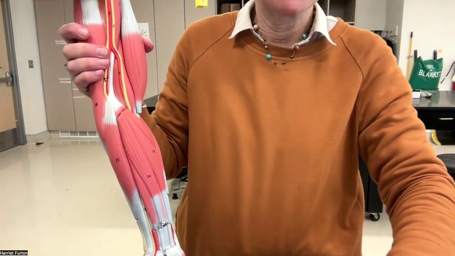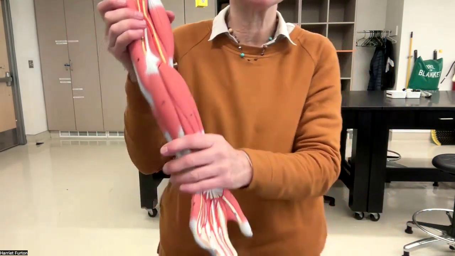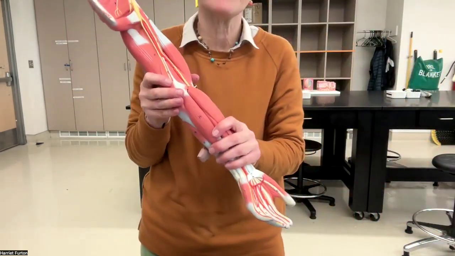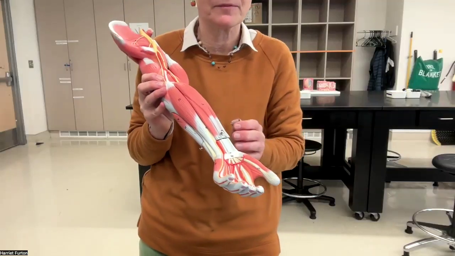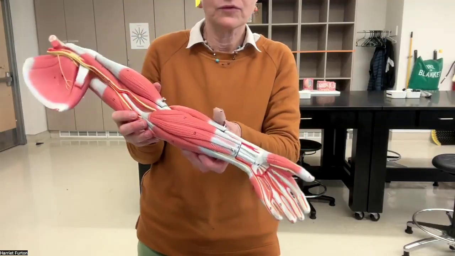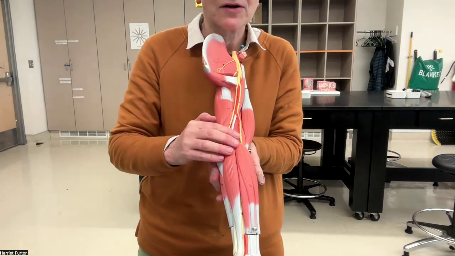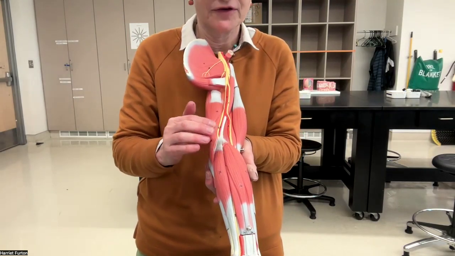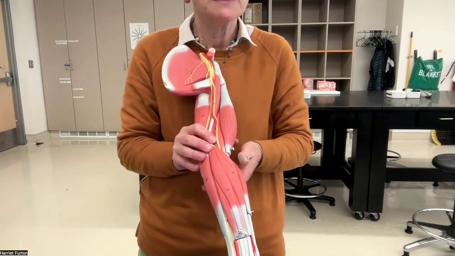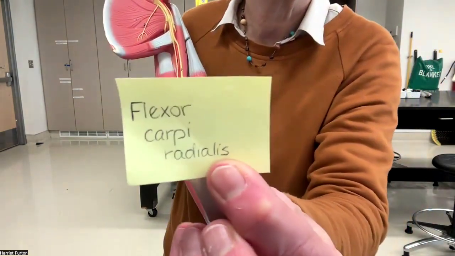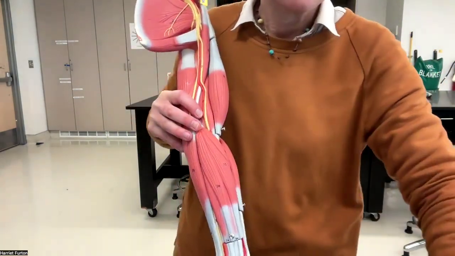Okay, so wrist flexors and finger flexors. We go to the flexors. All of the flexors, please keep in mind that they originate from the medial epicondyle area of the humerus, what you have to know. So the first one is the flexor carpi radialis.